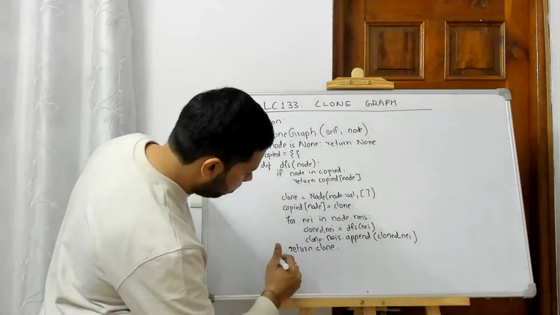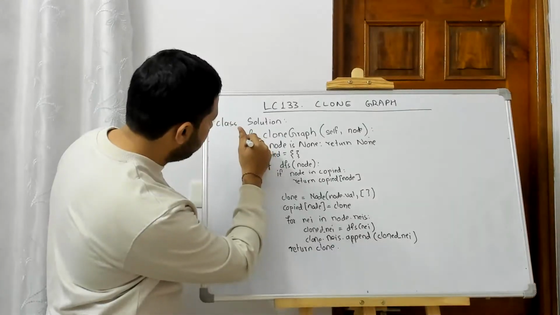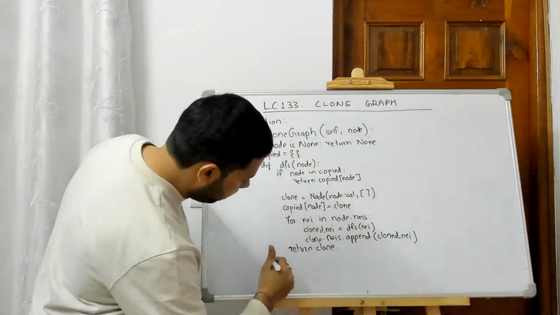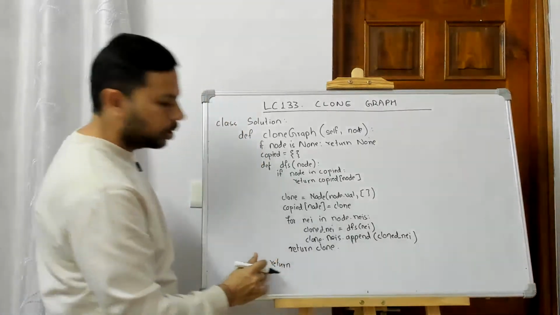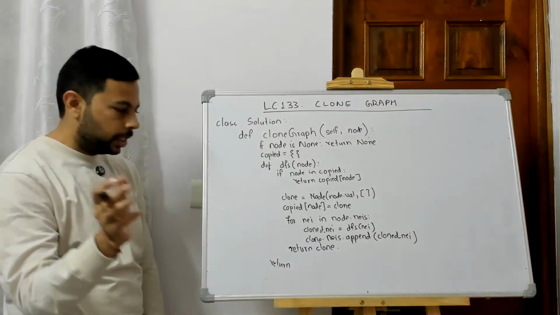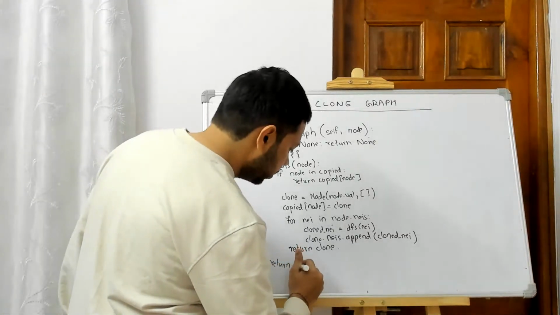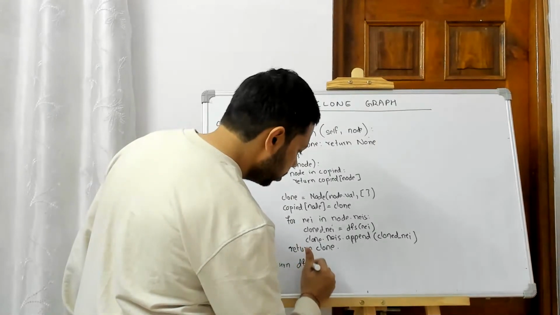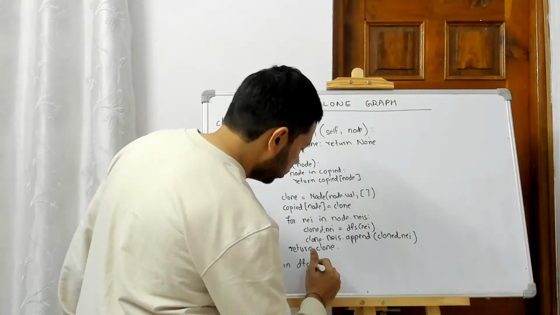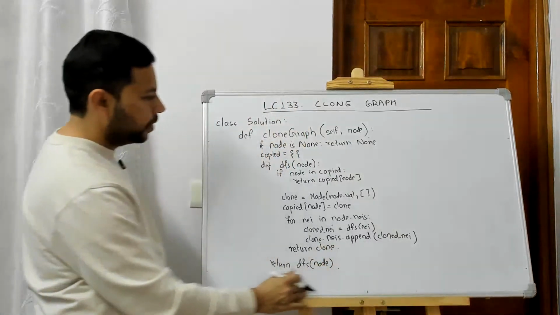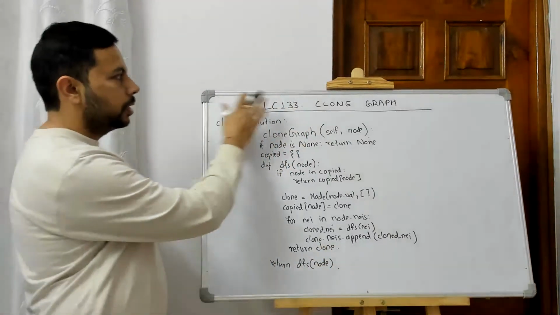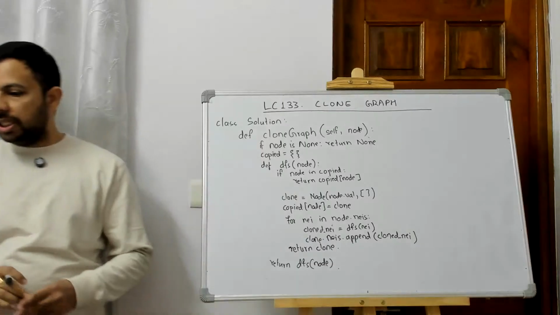In the end, for this function, can you guess what it will return? Yes, this is going to return DFS of node, the base node. So that's the code for clone graph.